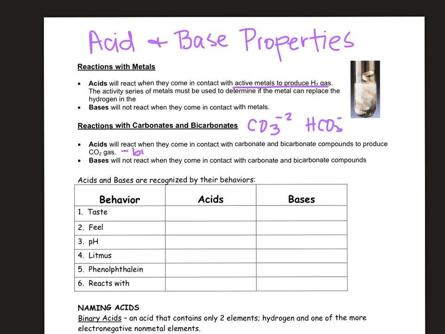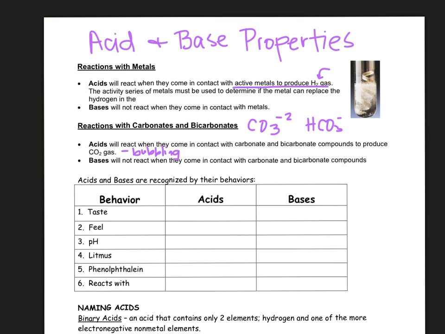What you always see when this happens is bubbling. You would also see bubbling, sorry I didn't mention that previously, with the hydrogen gas as well. But bases are not going to react. It would just be a mixture and you wouldn't see anything happen.